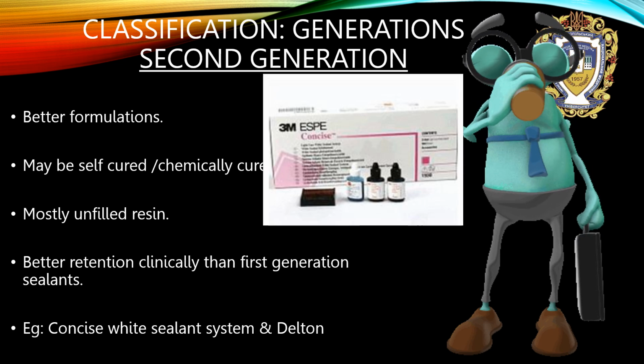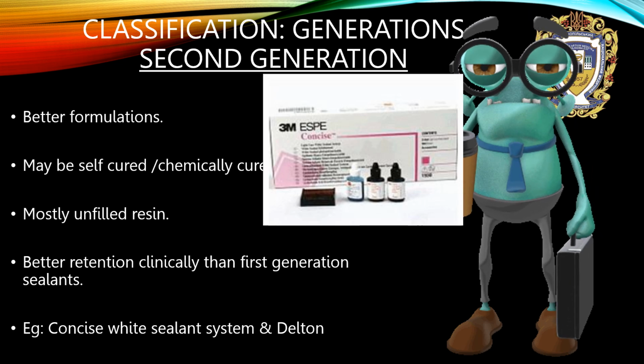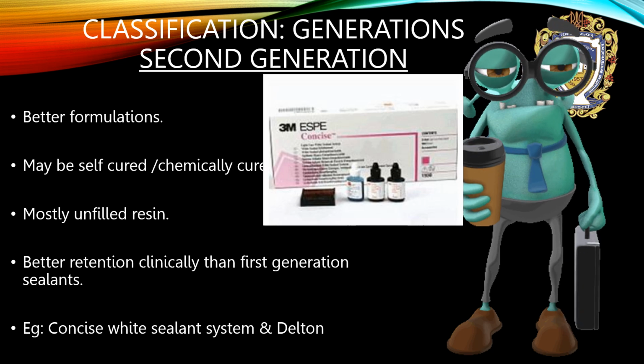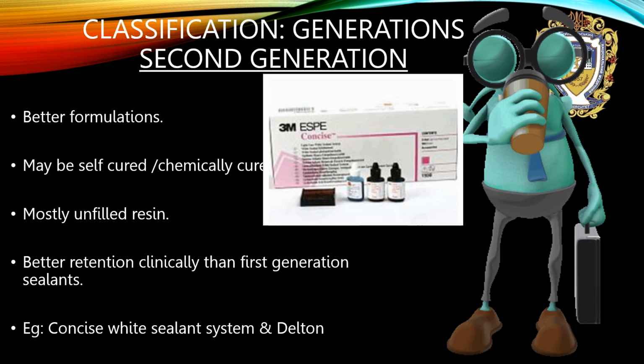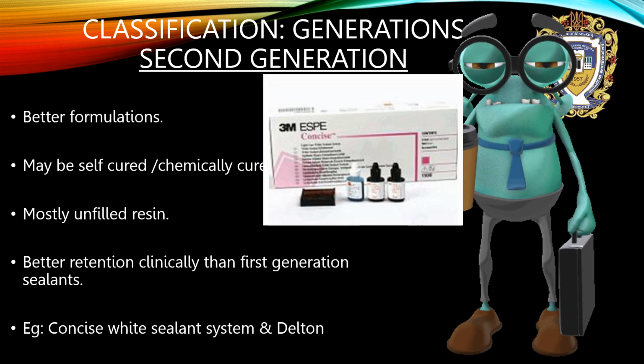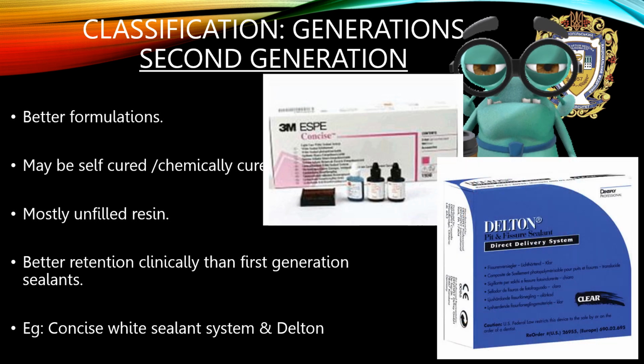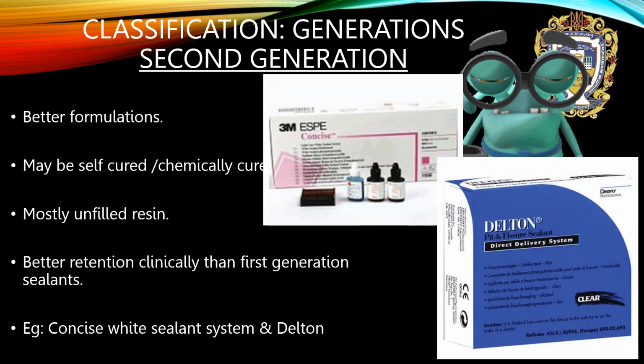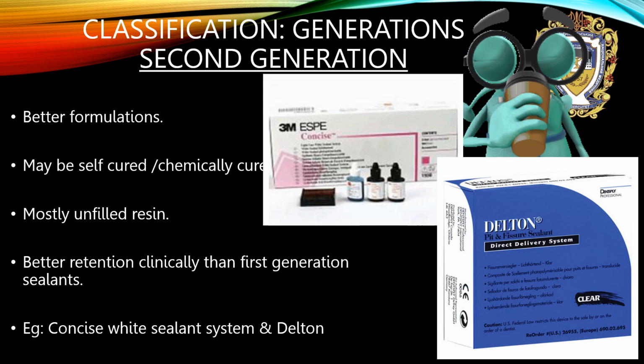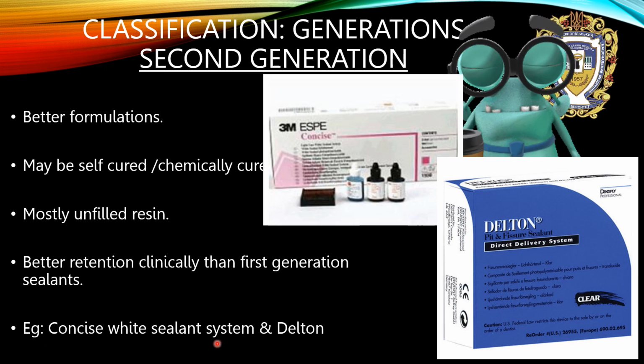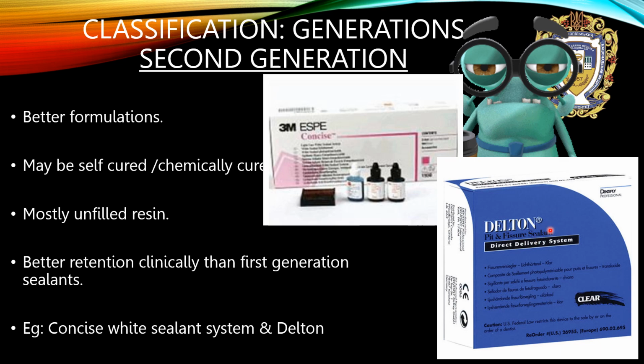Examples of sealers from the second generation are the Concise White Sealant System from 3M company, and Delton Pit and Fissure Sealant from Dentsply company.